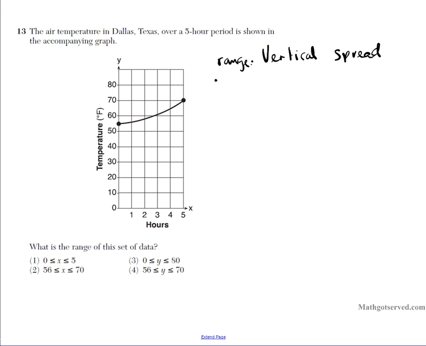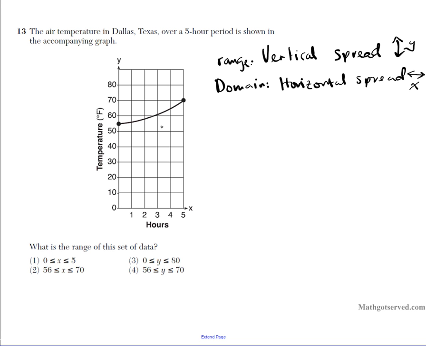And then your domain is your horizontal spread. When you're doing a vertical spread, you're going up and down, right? Horizontal spread, you're going side to side. If you're going up and down, what measure are you using? You're using your y, right?